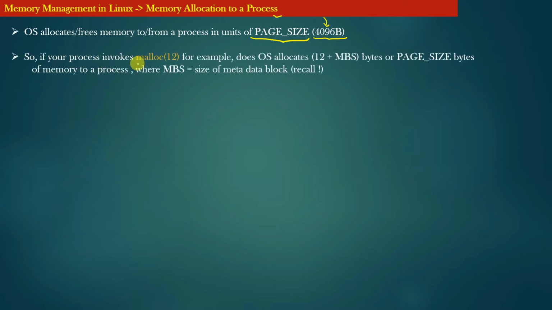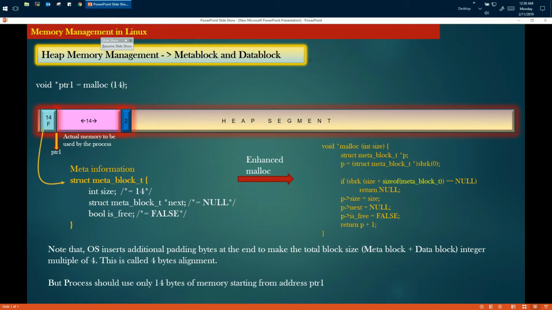Now it seems a little contradictory. If your process invokes, for example, malloc 12, that is, your process is trying to claim 12 bytes of memory from the operating system, the question is: does the operating system allocate 12 plus MBS bytes? Now what is MBS? Recall there was something called meta block.